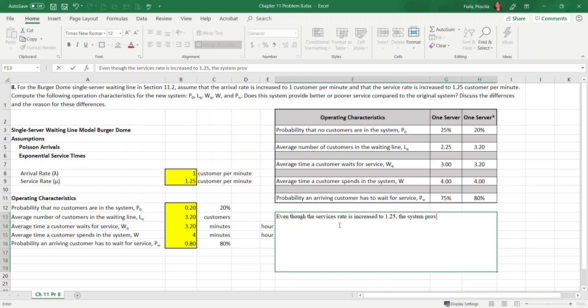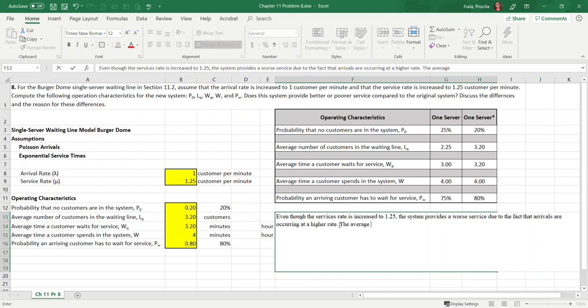the system provides a worse service due to the fact that arrivals are occurring, yeah, it's right, at a higher rate.